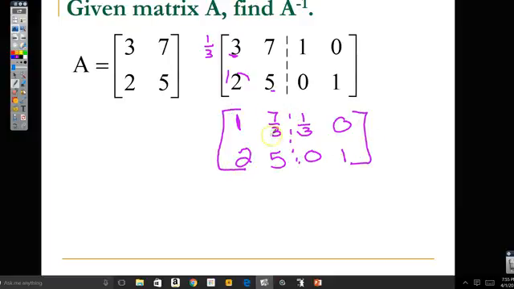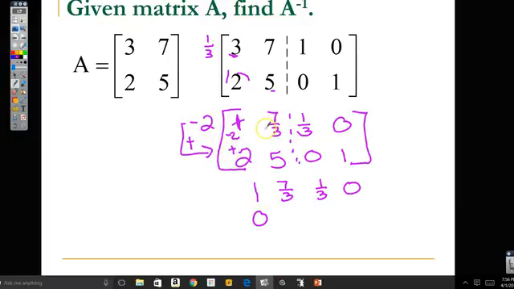So what we're doing is working here to get the identity. So we need to make this a 0. So we're going to multiply by the opposite and add it. So the top will stay the same, and the bottom's going to change. So negative 2 times 1 is negative 2, plus 2 is 0.